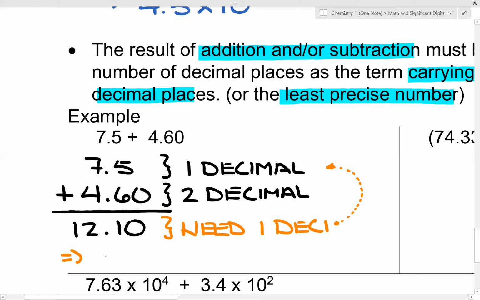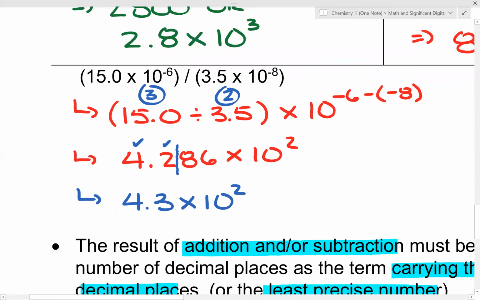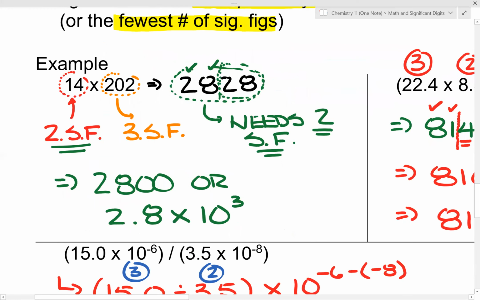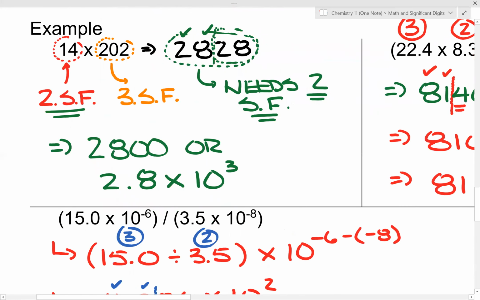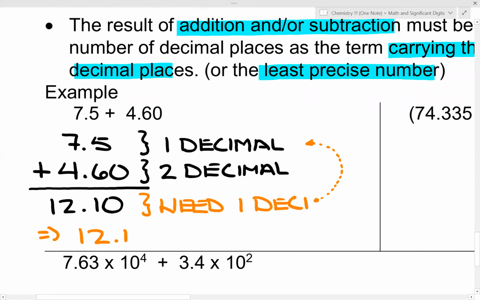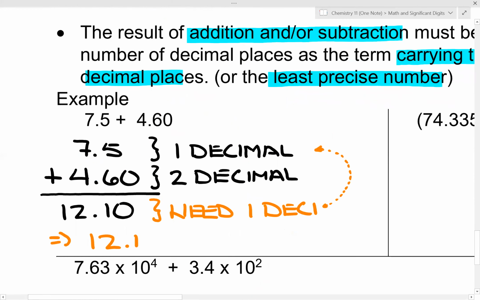So my true answer here would be 12.1. Okay. Now, I'm emphasizing the fact that it is decimals. When you multiply and divide, it is sig figs. When you're adding and subtracting, it's the smallest number of decimal places.